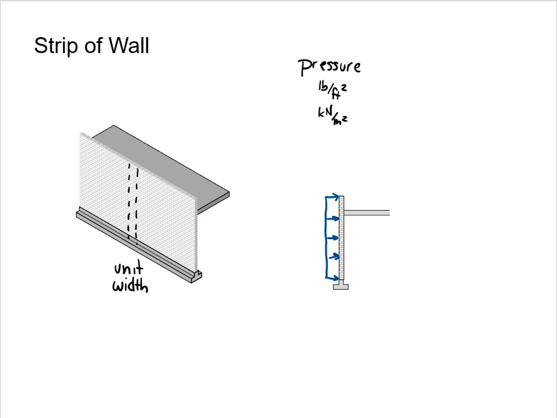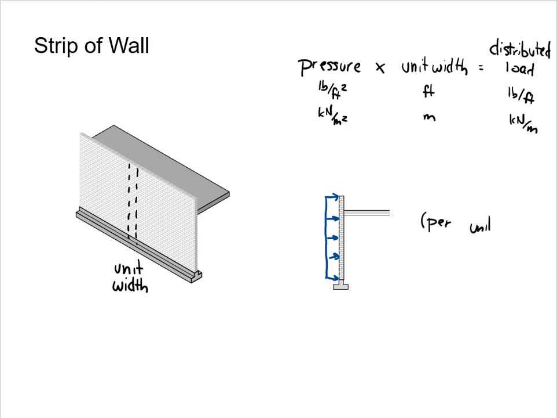When we integrate that pressure over the width of the strip, it is effectively multiplying the pressure by the width, which is in units like foot or meter. The result is a distributed load in units pound per foot or kilonewton per meter. But this distributed load is for the unit strip.